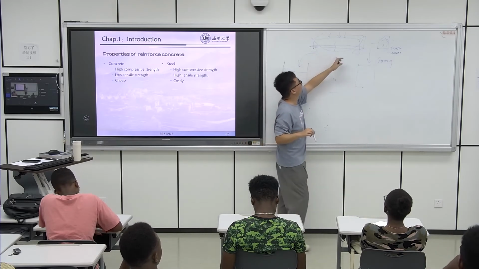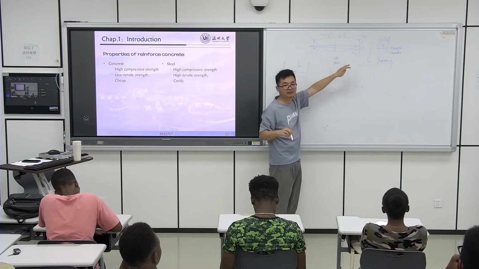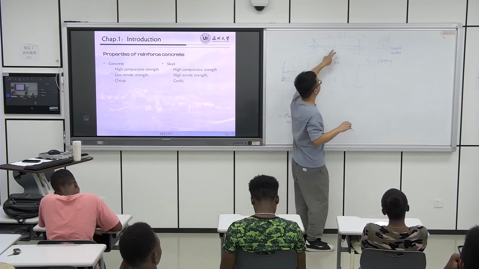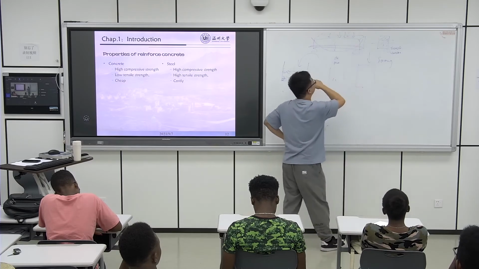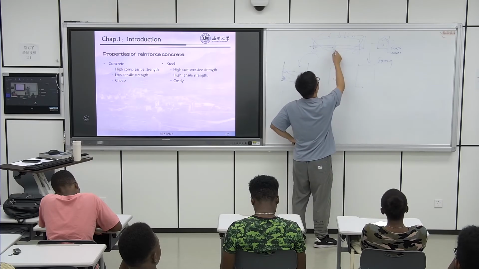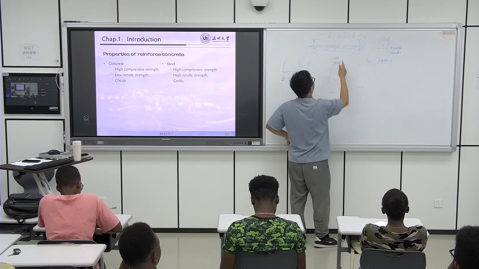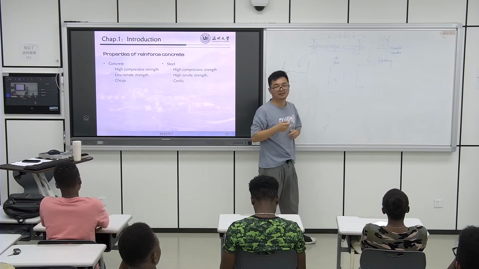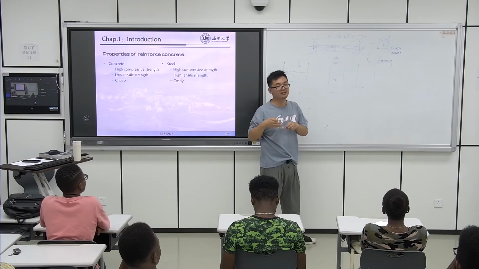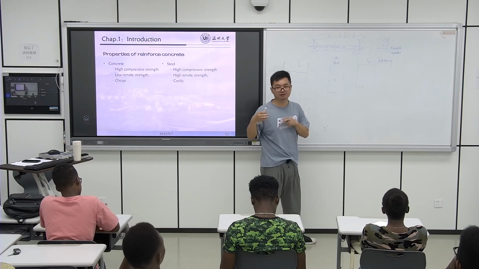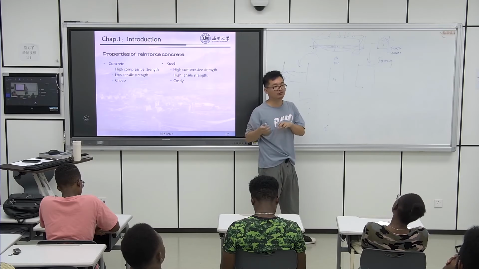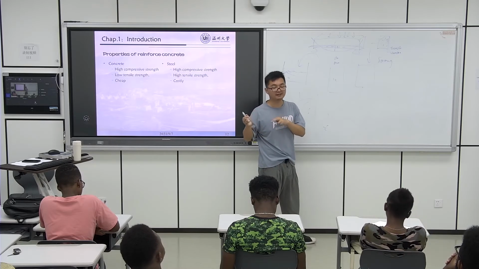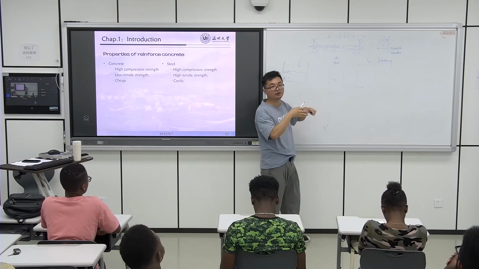If there are no steel bars, only concrete, under the load, this part will definitely reach the tension limit strength of the concrete. It will reach that value. If it reaches this value, it will break. For concrete, it will break.